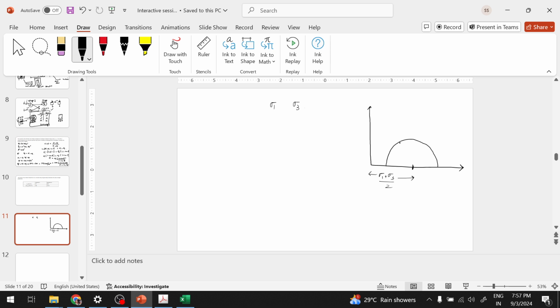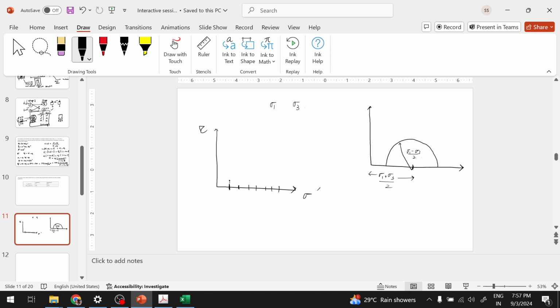And you can know the radius, which will be sigma 1 minus sigma 3 over 2. Now let us say that we are drawing this. This is shear stress and this is normal stress. We are starting from here, and I'm taking these x values. Then what will be the y values for the graph?